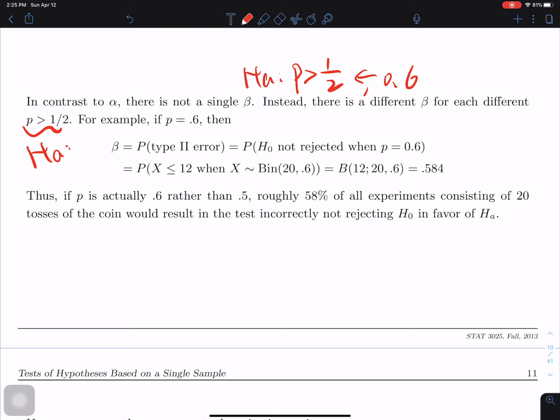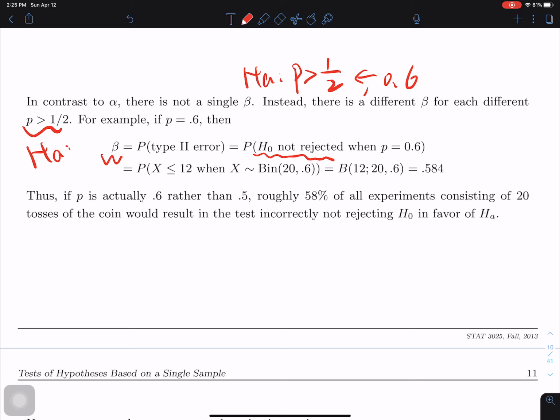Now 0.6 falls in this region. So let's say if our P is 0.6, then what is the probability of my type 2 error? Beta usually denotes the probability of type 2 error, and type 2 error is H0 not being rejected when my HA is true.